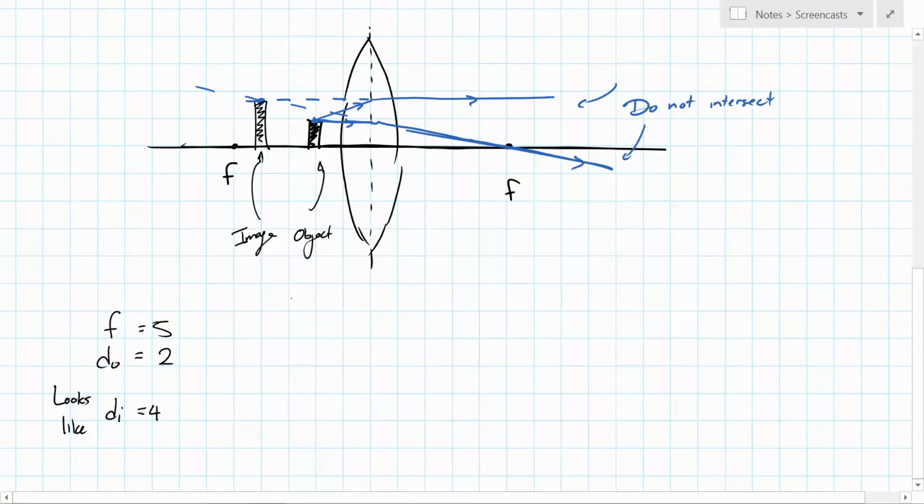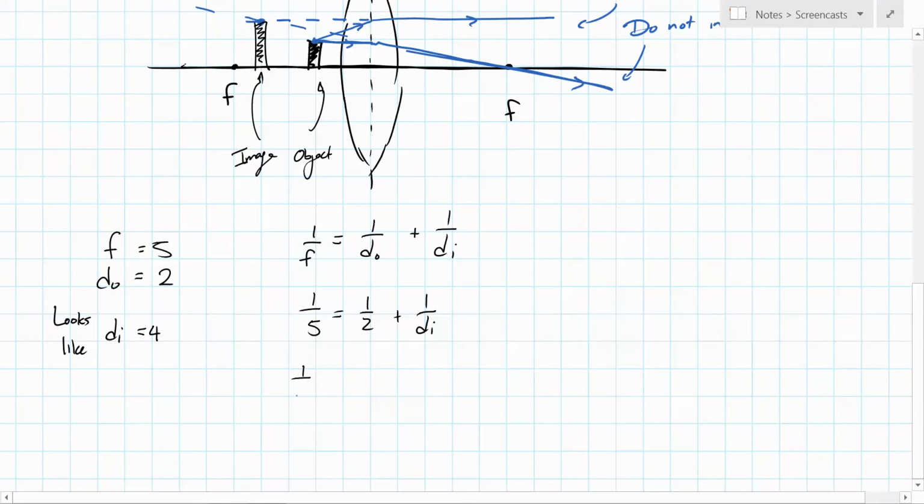Right. So the same equation that we use for mirrors is still going to hold for lenses. Now it's called the thin lens equation, and it only holds for thin lenses. That's kind of the trick of it here. So we have 1/5 = 1/2 + 1/di, which we want to find. So 1/5 - 1/2 = 1/di.